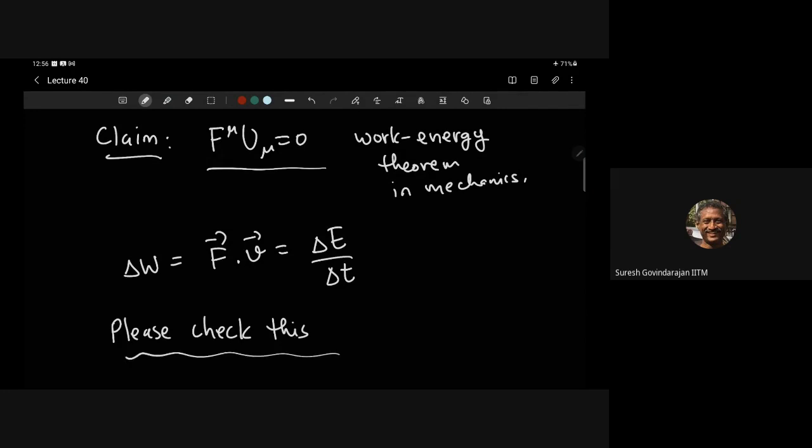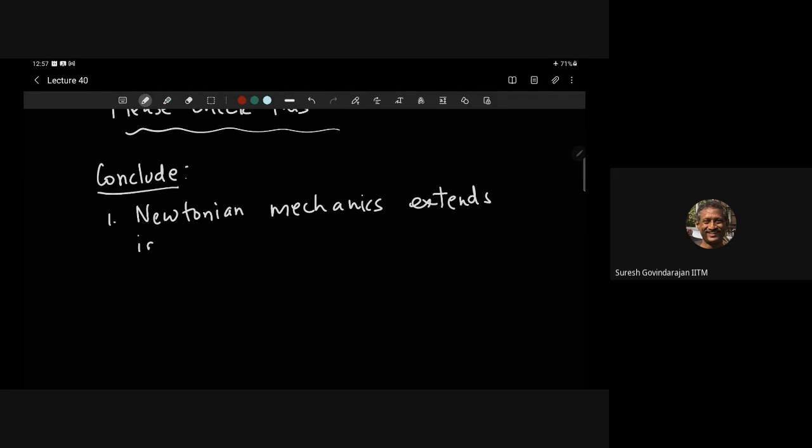Okay, so I'll just finish and conclude by saying that Newtonian mechanics extends in a nice manner to the special theory of relativity.